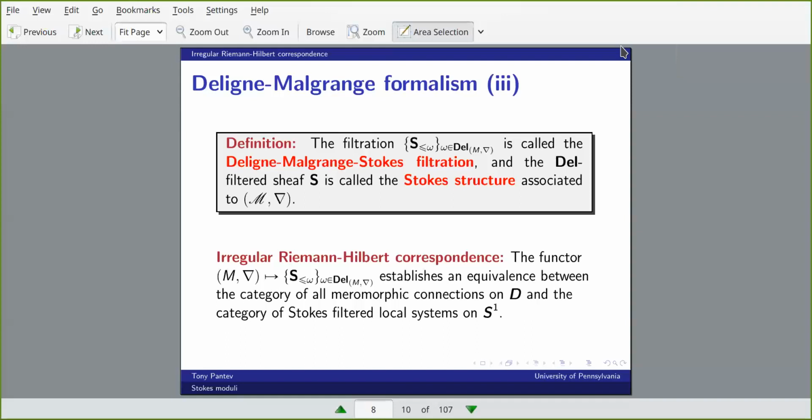Yes, there are morphisms. As I said, there is a complex local system, which we can call Deligne, that doesn't depend on anything. It's a complex local system on the circle, and it corresponds to all possible growths on sectors for forms with Puiseux coefficients. And the Stokes are ordered.